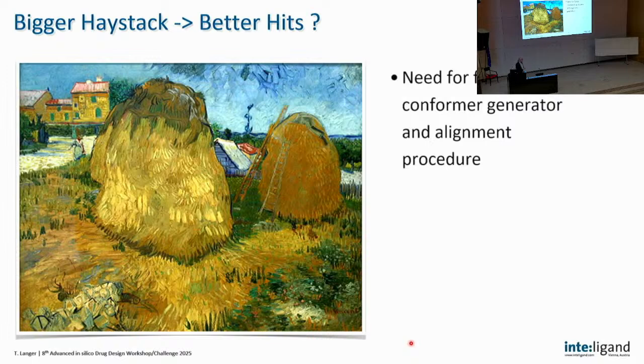Remember, when you do a high throughput screening with any library, you have a hit rate of approximately 0.1%. Sometimes it's a little more difficult, then you have 0.01%.